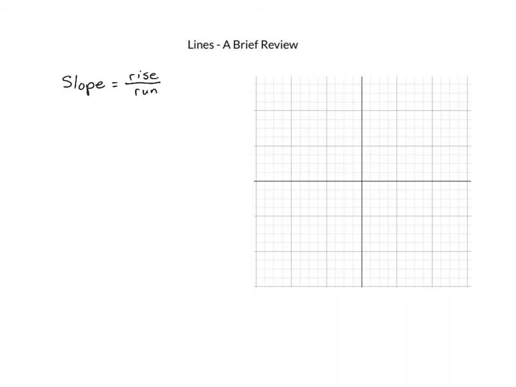So let's look at a line and compare the rise to the run and refresh your memory on how slope works. So let me put a line right here. Now, when you're calculating the slope of a line, you can grab any 2 points on the line and calculate the rise over the run.